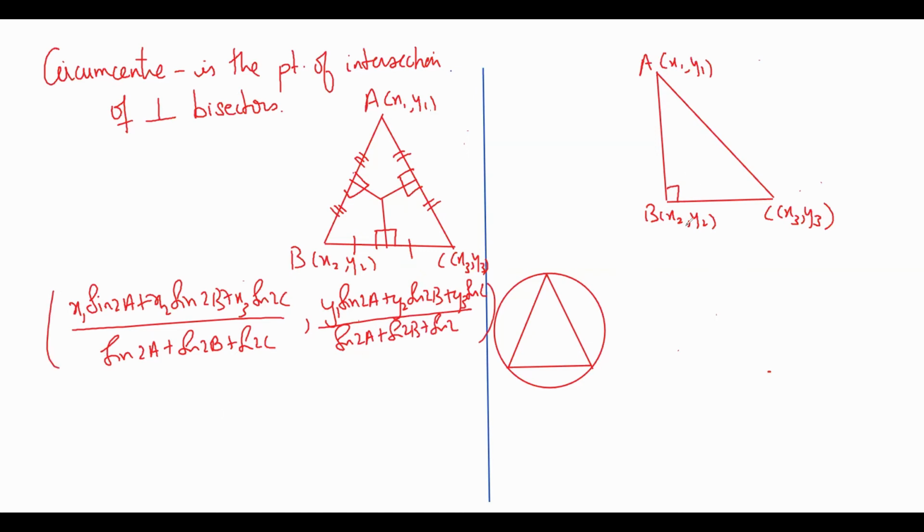But if your triangle is right angled, then in this case the circumcenter is the midpoint of the hypotenuse.